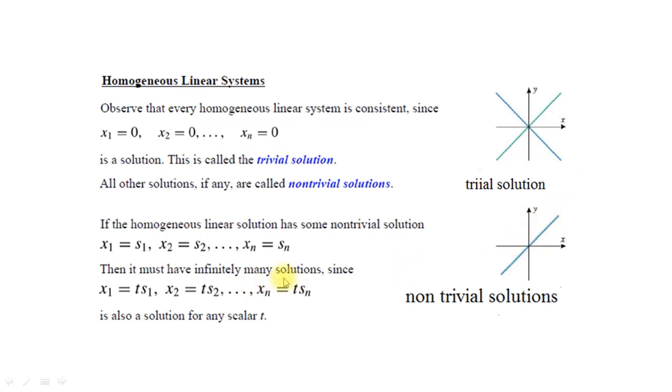Since the system has the zero solution already, the lines intersect at the origin point, and they also intersect each other at all other solutions.